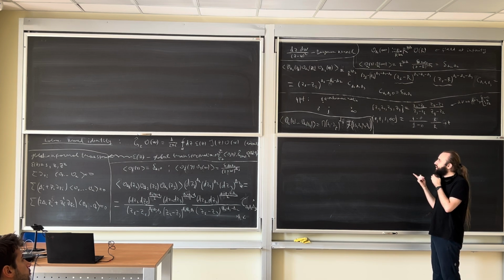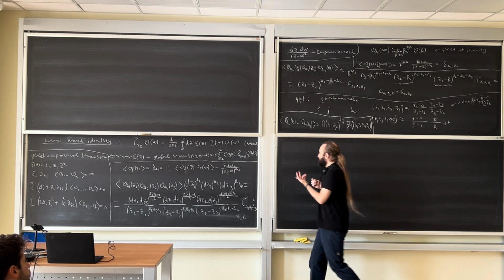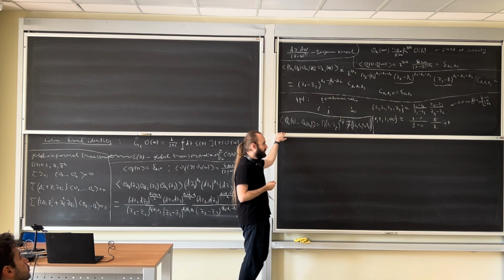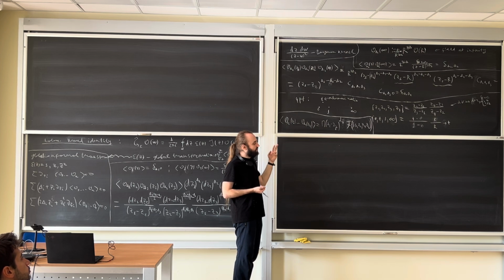But in this procedure we have some arbitrariness. We choose which 3 points to send to 0, 1, and infinity. First, we can exchange these points, and second, we can also exchange t with one of these points.